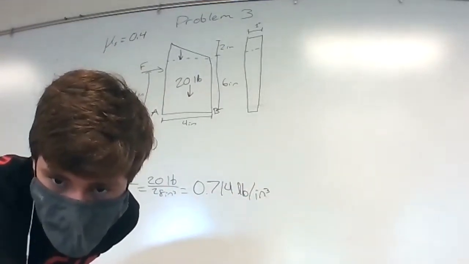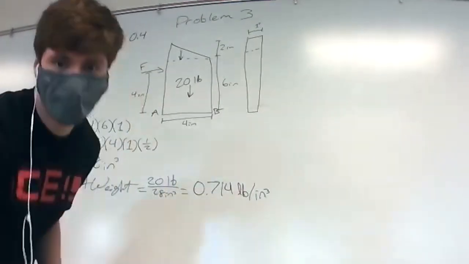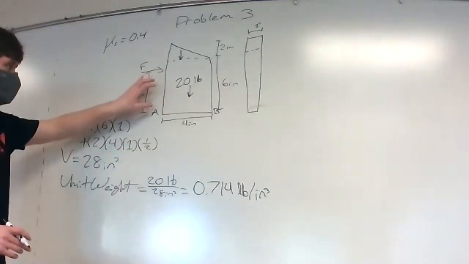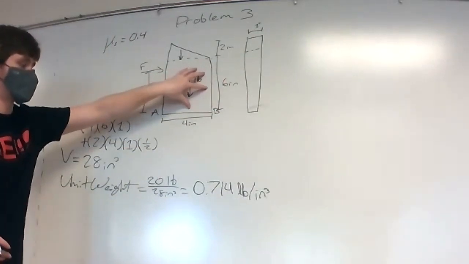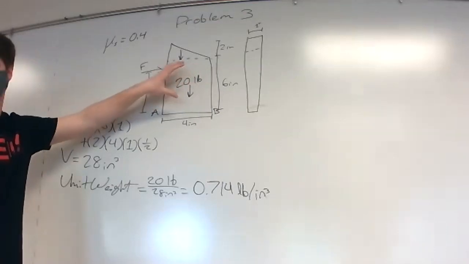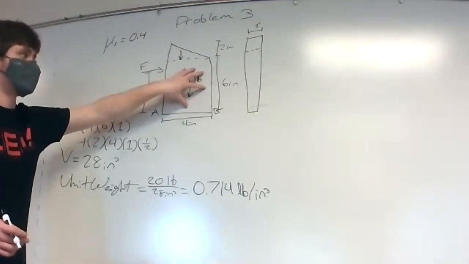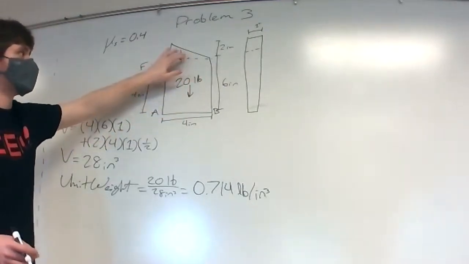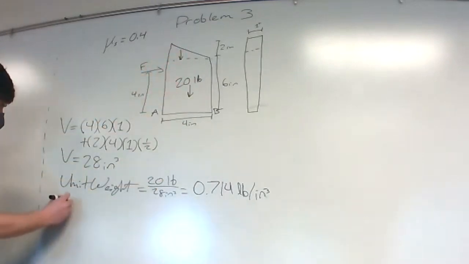And with that, we can multiply by each side of the volume, right? So if this is just 4 times 6 times 1, we can get the weight for just this piece by multiplying the unit weight by the volume of this. Yeah, we're turning the weight of this rectangle into a point load in the center, and the weight of this triangle into a point load skewed to the high side.